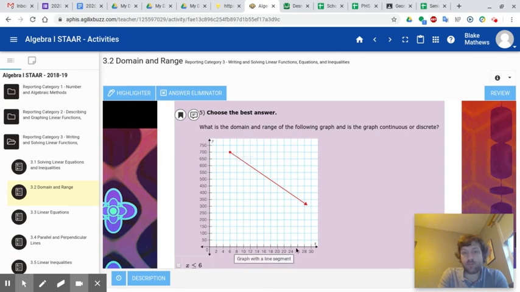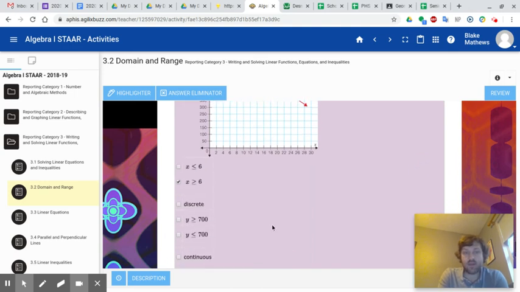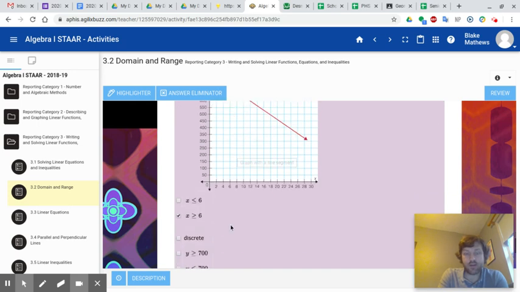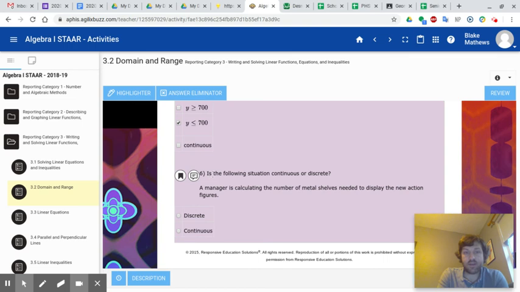It continues up into 10, 20, and so on. So it has to be x is greater than 6. And the y, is it greater than 700 or less than 700? Well, it does start at 700 right here, but then it goes below 700, so it's going to be less than.